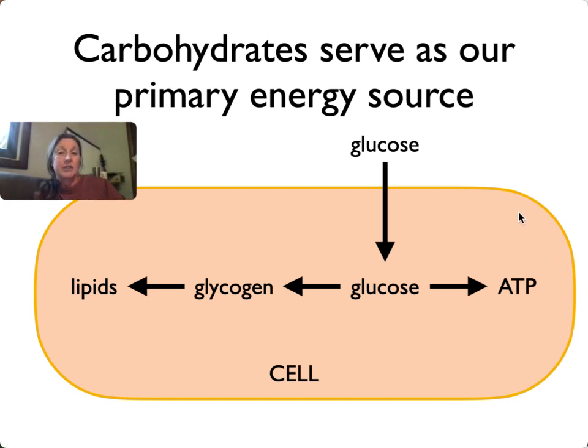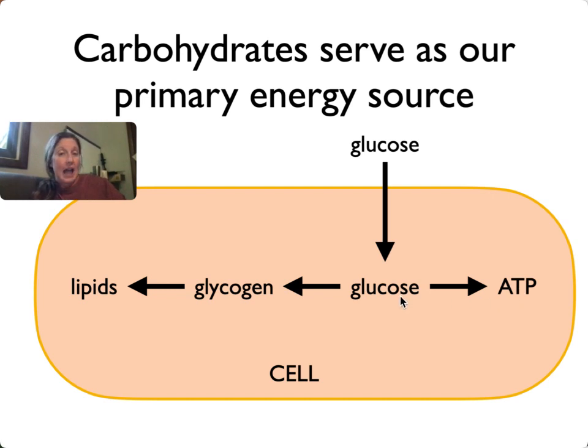Now, the carbohydrate that's most important for our bodies is glucose. This is a monosaccharide. Glucose gets brought into the cell and the energy in glucose is converted to ATP, which is sort of like cash that you can spend to get work done.